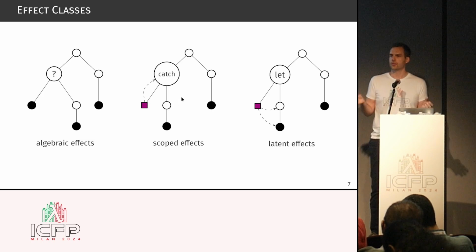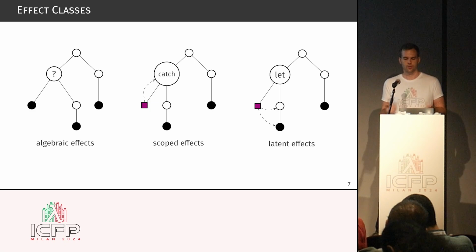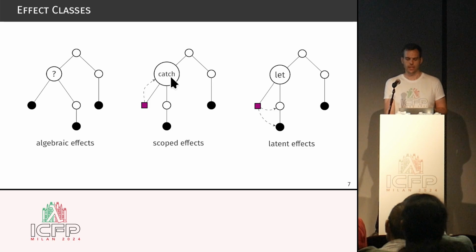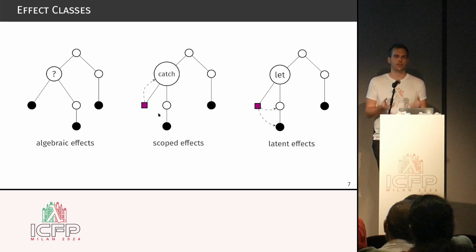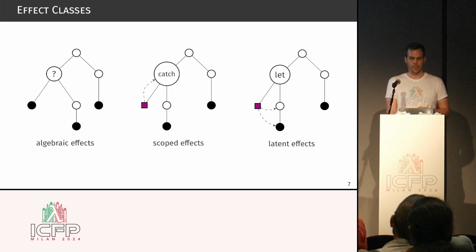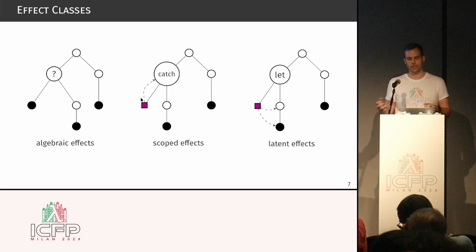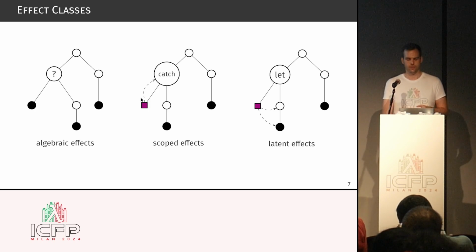So we don't want to apply the transformation twice to the continuation that we have down here. So scoped effects allow us to exclude some part from transformations to the tree, I guess.